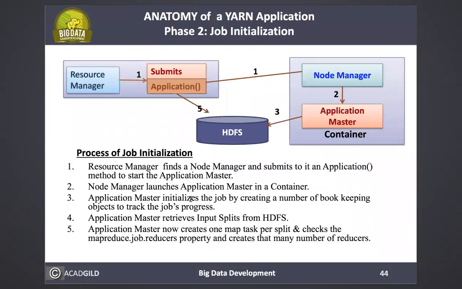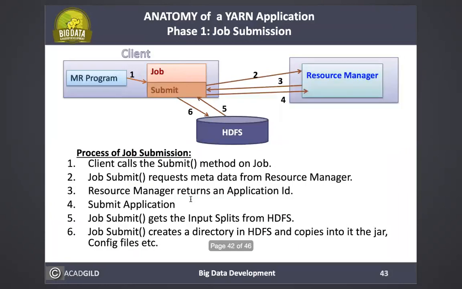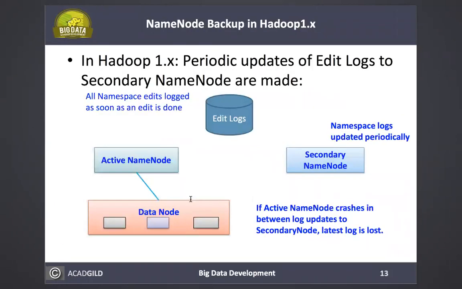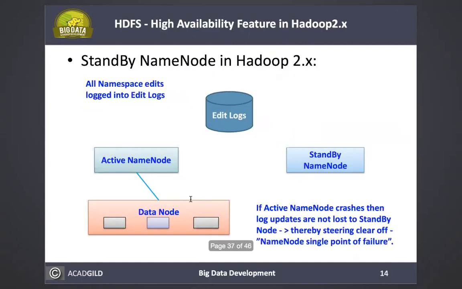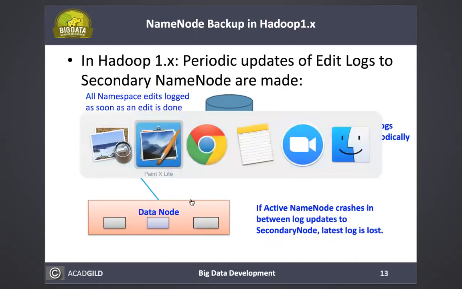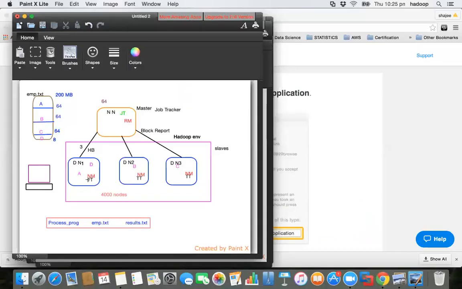So this is the process of job initiation, which I want to see in a little more detail. Someone asked a question: how exactly does the metadata coming over here get processed?